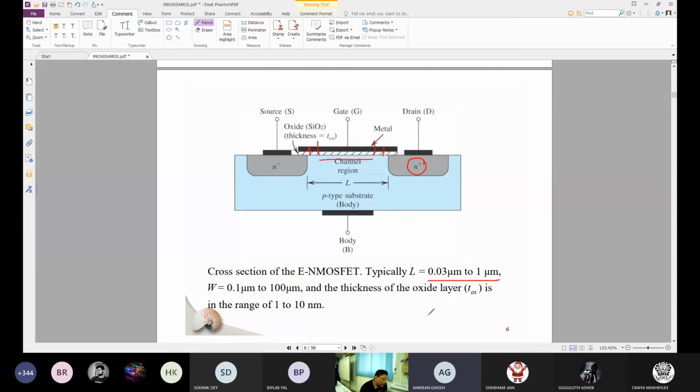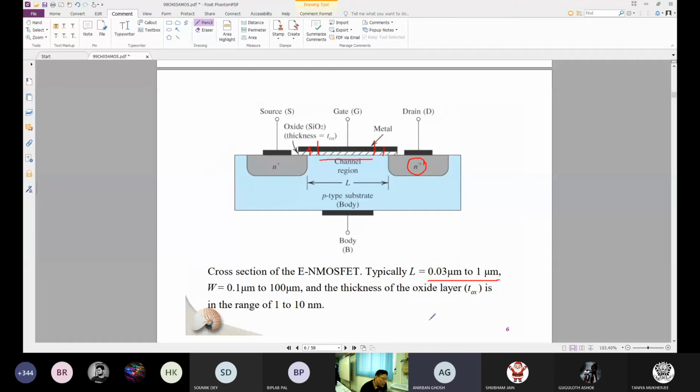And research is going on to reduce the dimension of the transistor, say from 20 nanometer to 15 nanometer to 10 nanometer to 5 nanometer and so on, so that we can pack more and more transistors into an IC, and thereby we can add more and more functionality in one chip.